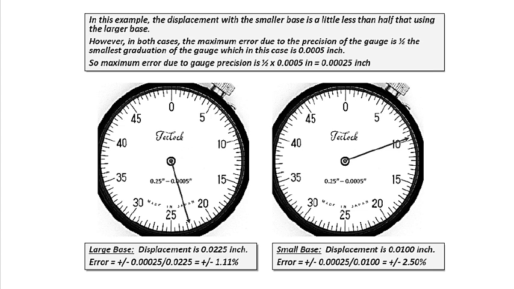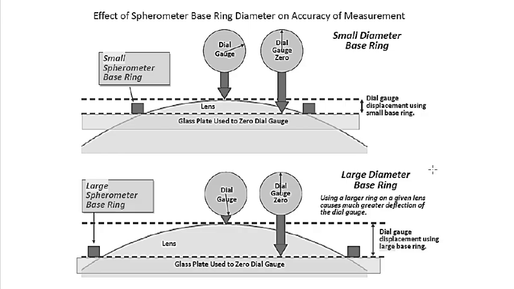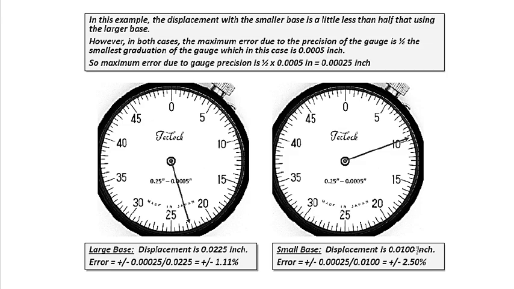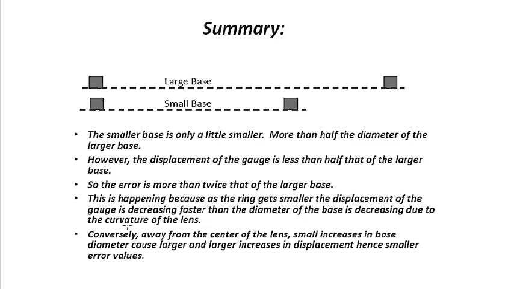We're talking about this displacement, and this displacement, see, that's way less than this displacement. So the error is more than twice that of the larger base, which is this. After we calculate it, this is 2.5 and that is 1.11. So the error is way more than double.